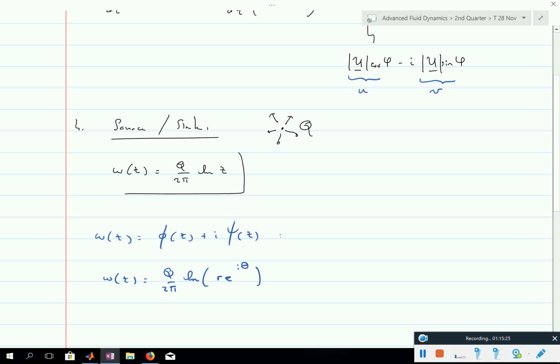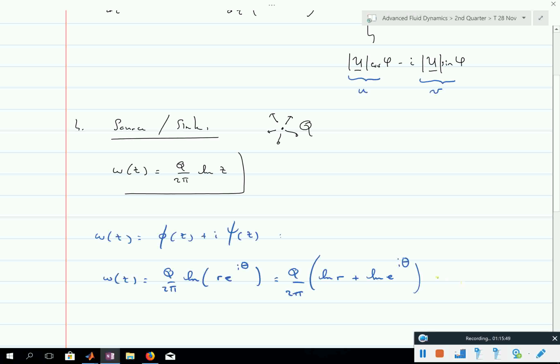Then this is the log of a complex function, but it satisfies all of the rules which you already know for the natural logarithm. So this is the same as the logarithm of r plus the logarithm of e to the i theta.